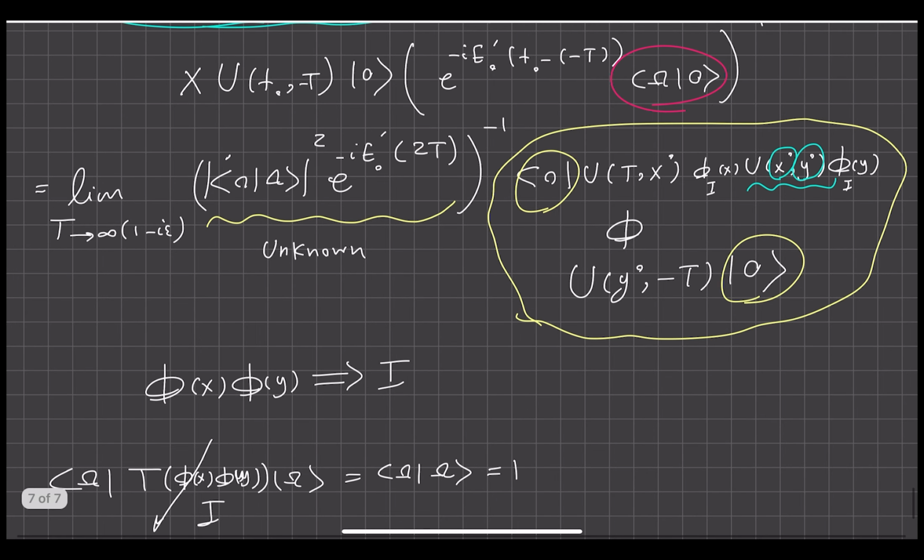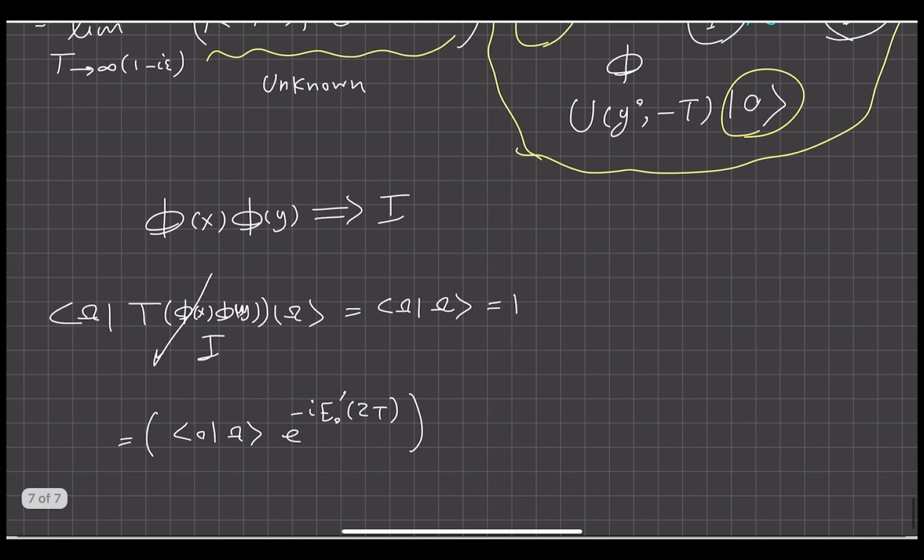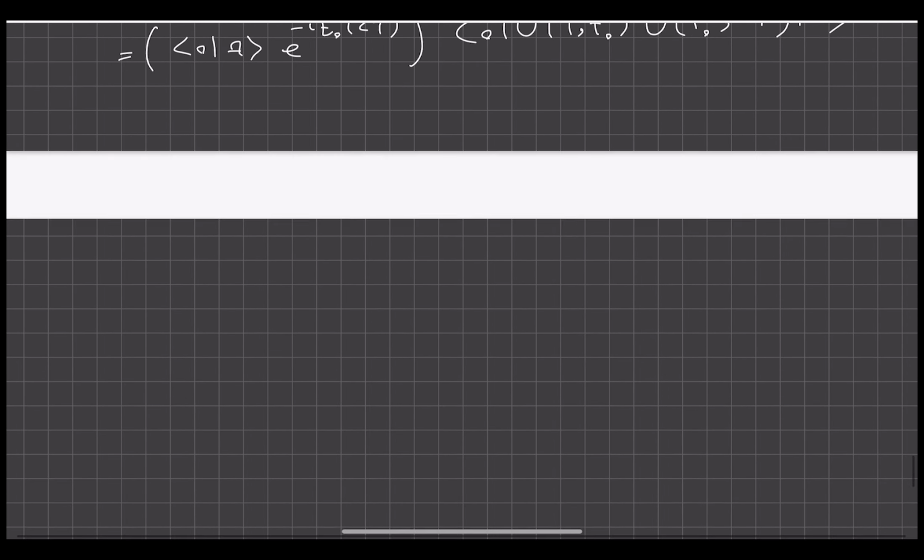And then on the second term, we're going to get rid of these phi I of x and phi of y, and we're basically going to have 0, 0, then U of t to t0. We don't have any phi in between. And then I have U of t0 to minus t based on the definition.